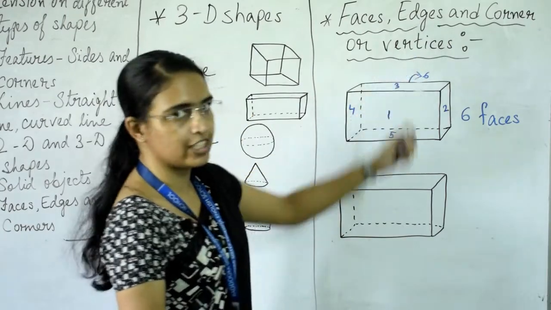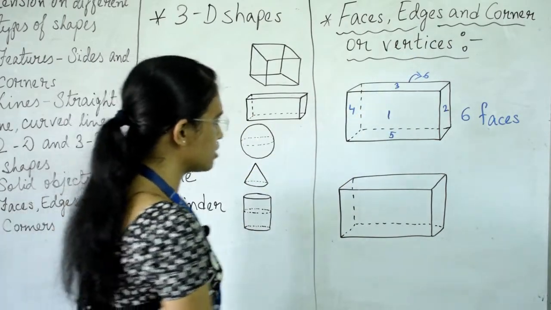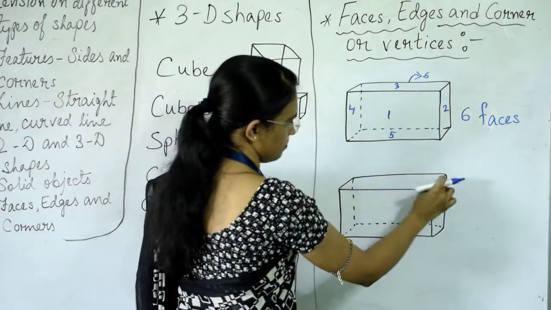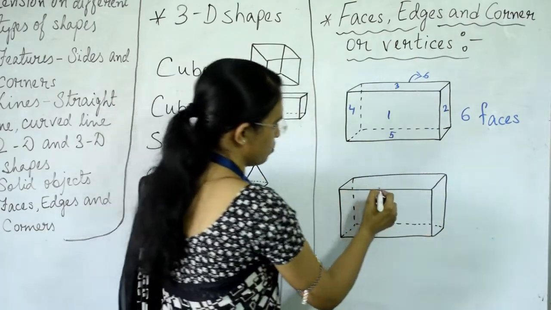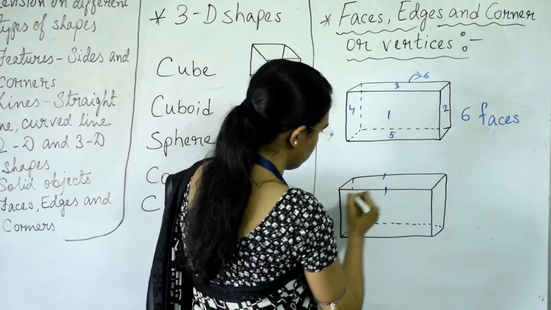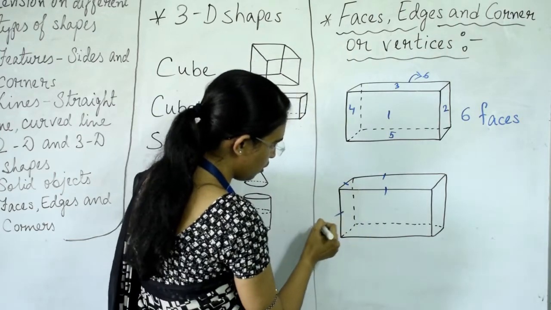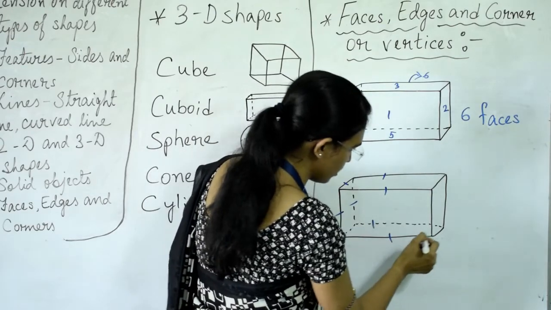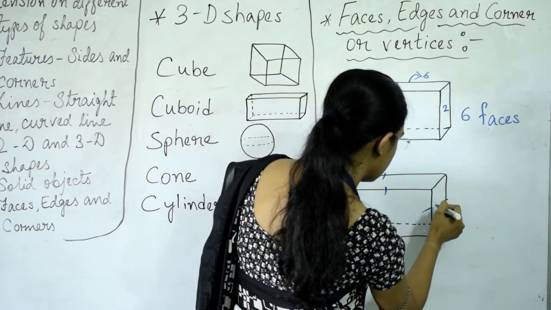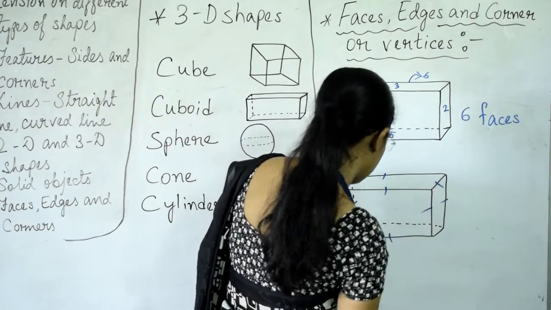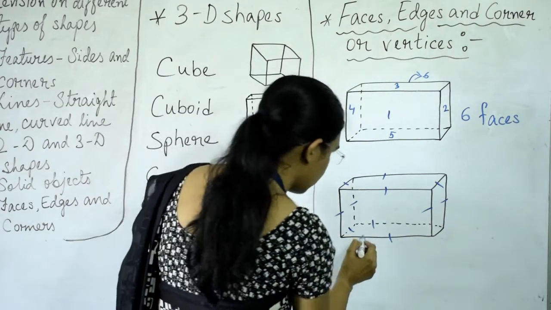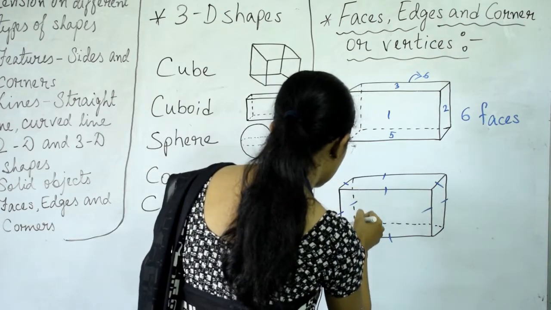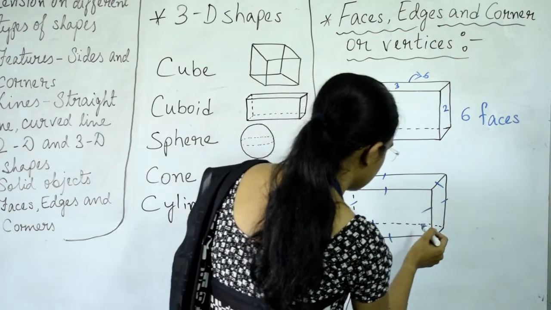Now next is edges. Now we have to find out the edges of this cuboid. Edges means these lines. So 1, 2, 3, 4, 5, 6, 7, 8, 9, 10, 11, 12.